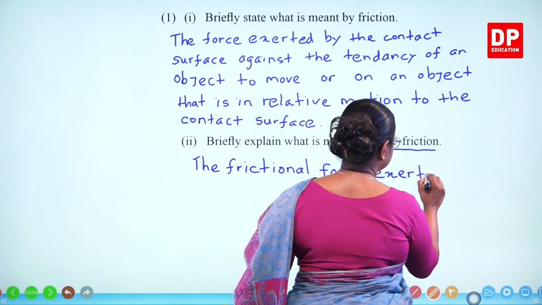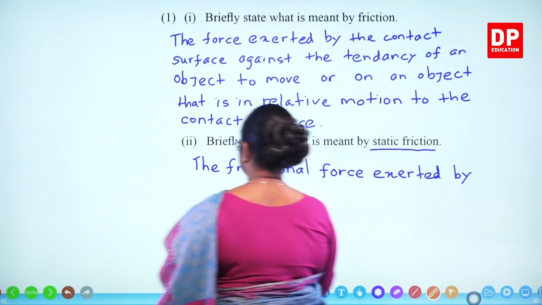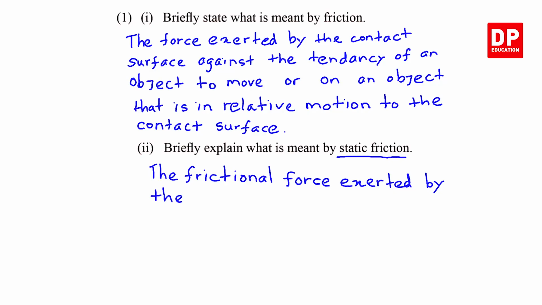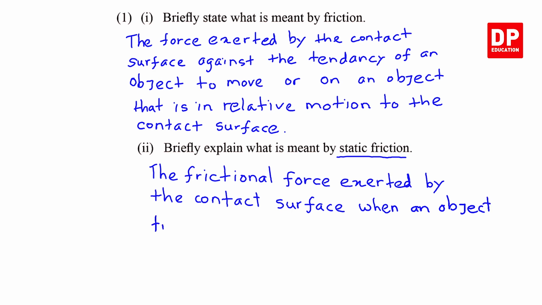exerted by the contact surface when an object tries to move relatively to the surface.